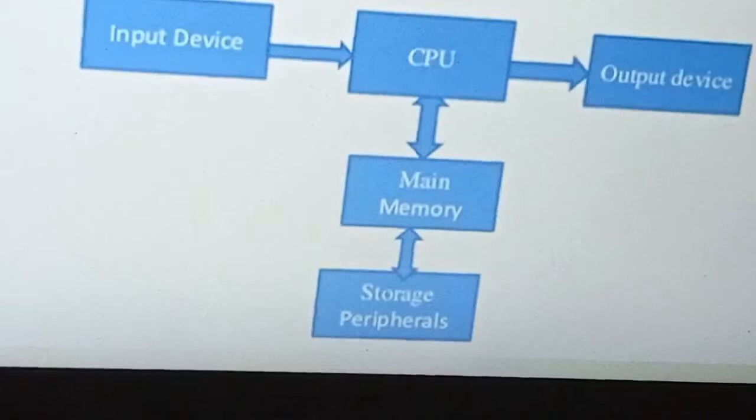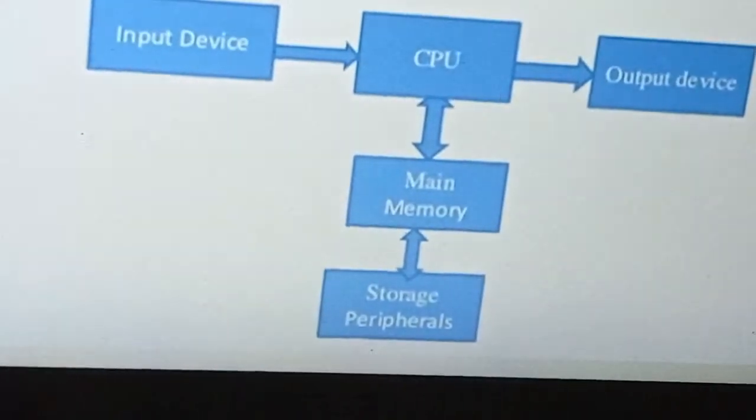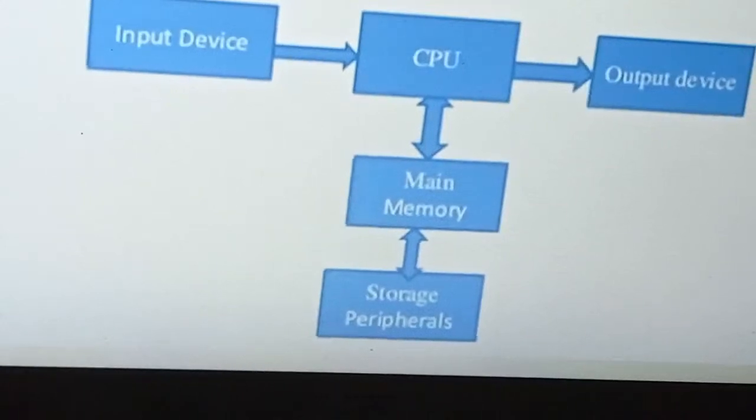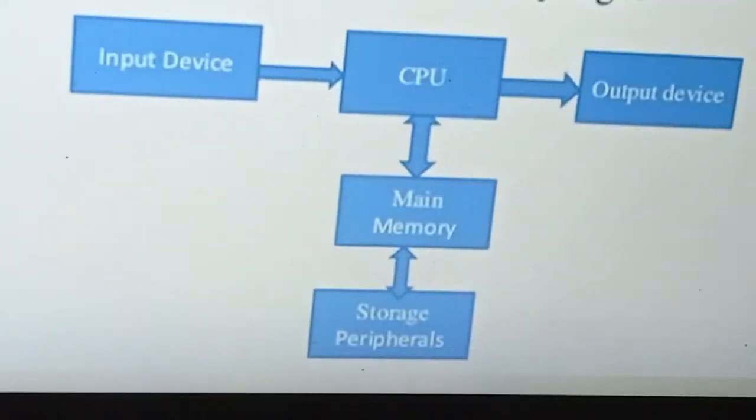And output devices: printer, plotter, etc. And in the memory, we have discussed primary memory, that is primary storage, and secondary storage, and the CPU processes the given information. This is about the block diagram of a computer.